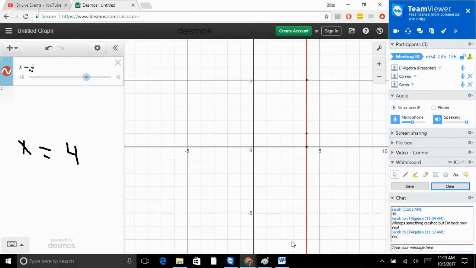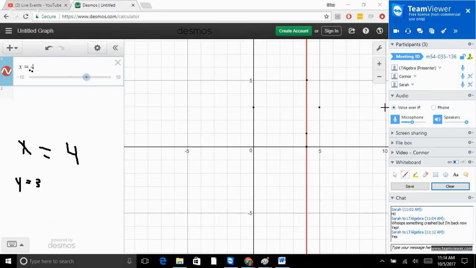So then if I wanted to graph y equals 3, right? Y equals 3. We have the opposite situation going on. It doesn't matter what the x value is. When x is 0, y is 3. When x is 5, y is 3.